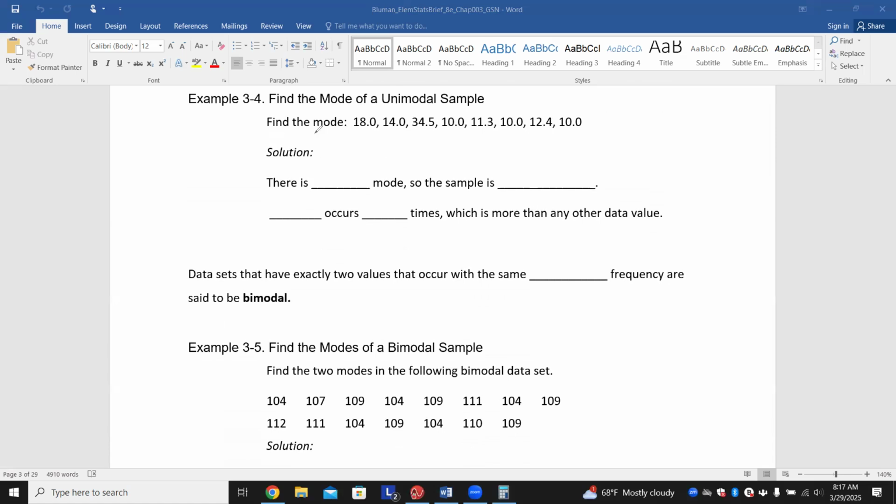So this would be 10, cross it out, another 10, cross it out, 10, cross it out, 11.3, 12.4, 14, 18, and then 34.5.